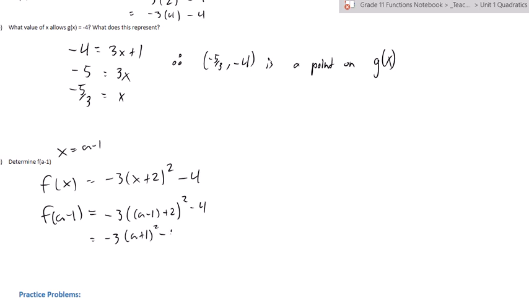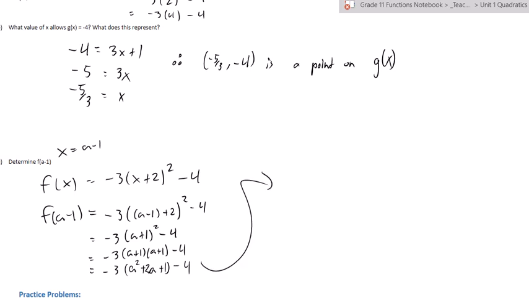Squared minus 4. We would then have to expand this bracket, so that gives us negative 3 times (a + 1)(a + 1), minus 4. You would then expand and simplify here. So negative 3 times (a squared plus 2a plus 1) minus 4.